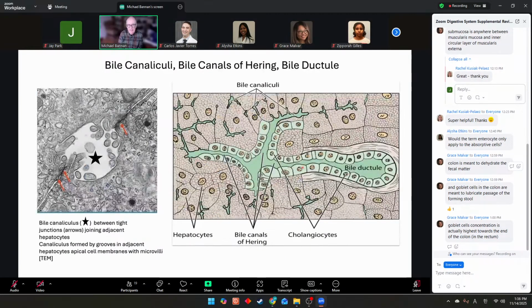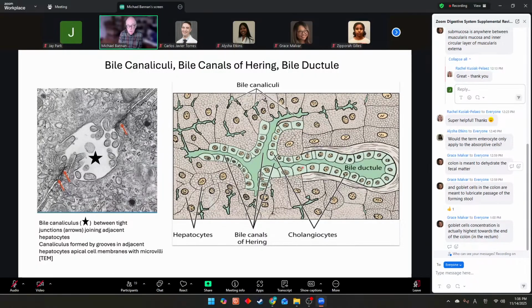Let's just take a look at the biliary drainage system of the liver. So just like the duct system we were looking at in the exocrine glands, in the biliary drainage system, the initial segment of the duct system is the smallest in diameter, and in the biliary system, it's also the simplest.